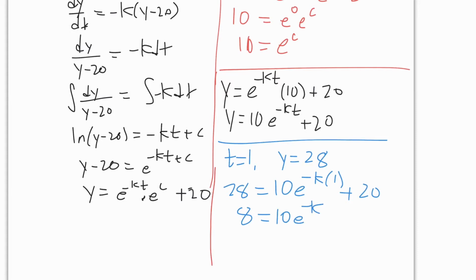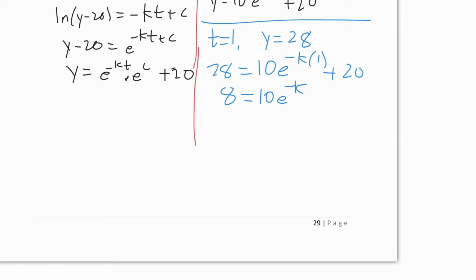All right, this one's going to be a little trickier to solve, but we'll keep working. So 8 over 10 is equal to e to the negative k. Well, to solve for that, we need to take ln of both sides. So ln of 8 over 10, ln e to the negative k. ln of e, of course, just cancels out.